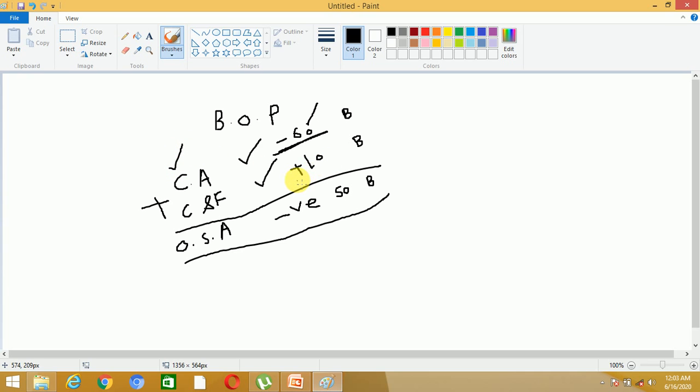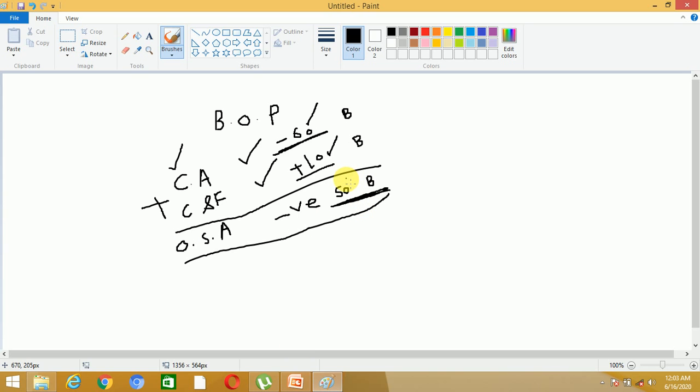And in investments, we are receiving more foreign investment, that is 10 billion. But the difference between these two is minus 50 billion, meaning 50 billion of foreign reserves are going out of the country. So that's why the official settlement account is negative.